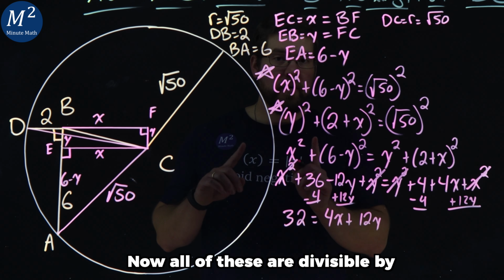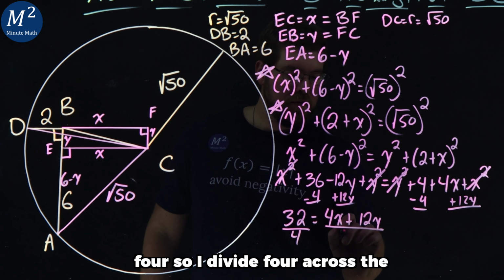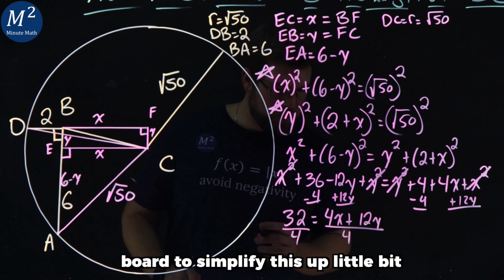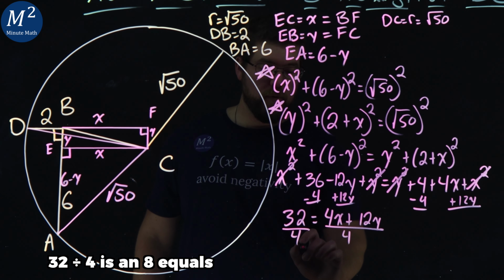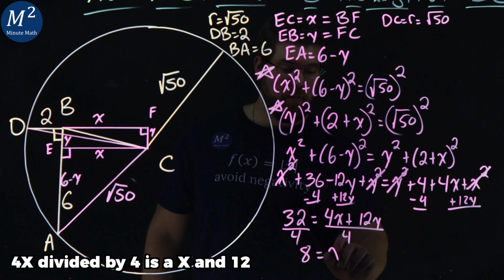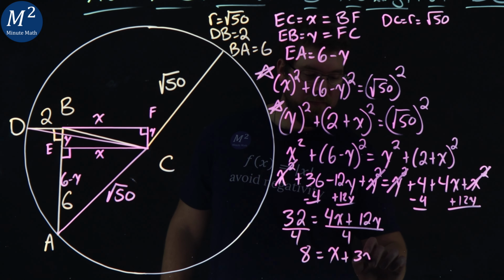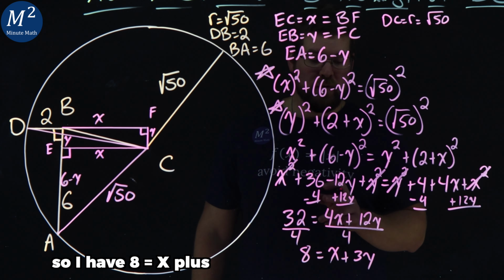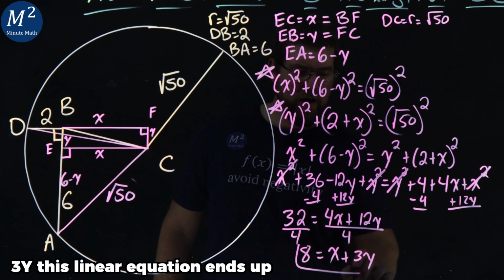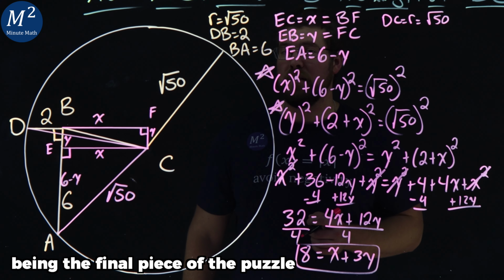Now all of these are divisible by 4. So I divide by 4 across the board to simplify this a little bit. 32 divided by 4 is 8, equals 4x divided by 4 is 1x, and 12y divided by 4 is 3y. So I have 8 equals x plus 3y. This linear equation ends up being the final piece of the puzzle.